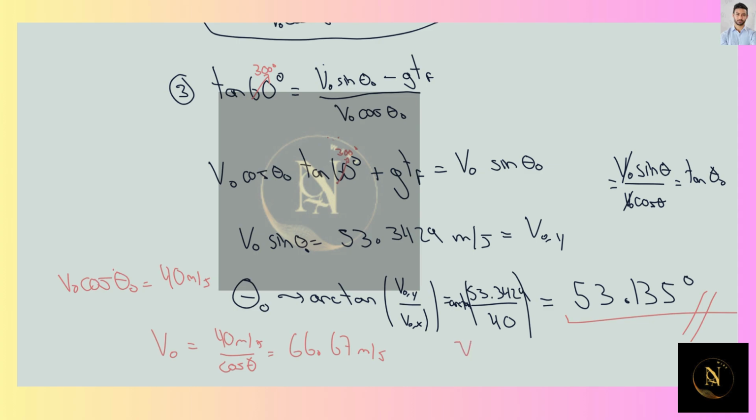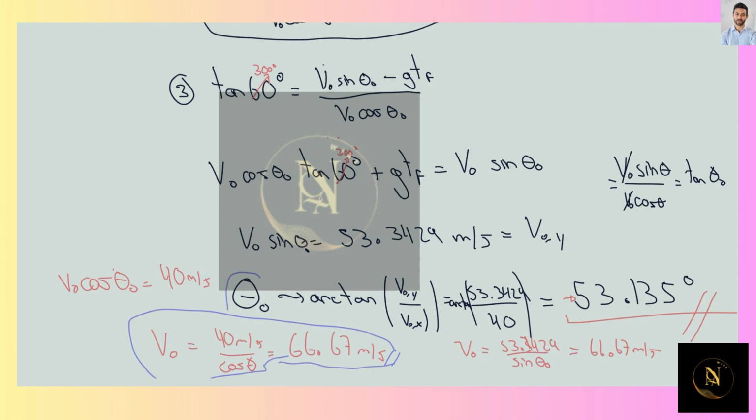You can do the same thing on the y just to validate our result. It would be dividing the velocity on y over the sine of theta 0, the sine of this angle that we just found, and you're going to get the same result, 66.67 meters per second. And you can cut up to the number of significant figures that you require. So over here, this is going to be our value for v0.